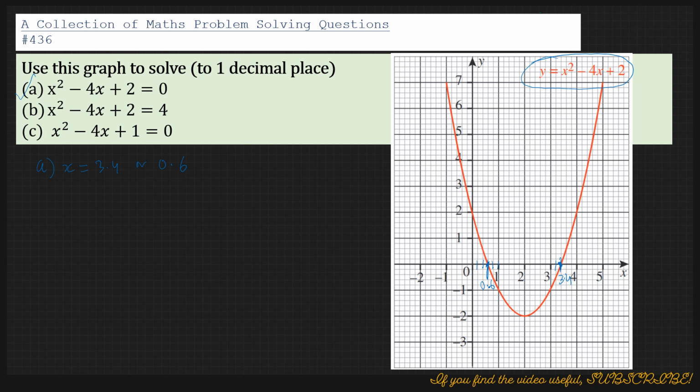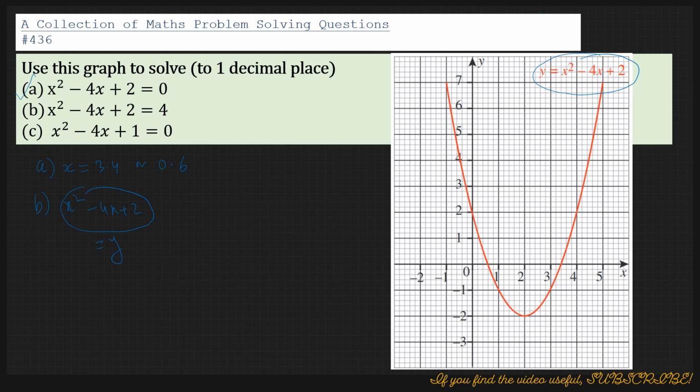For the next one, part B, I'll erase this off. So for part B, what they're saying is x squared minus 4x plus 2 equals 4. So you see x squared minus 4x plus 2, this expression equals y, as y equals x squared minus 4x plus 2.